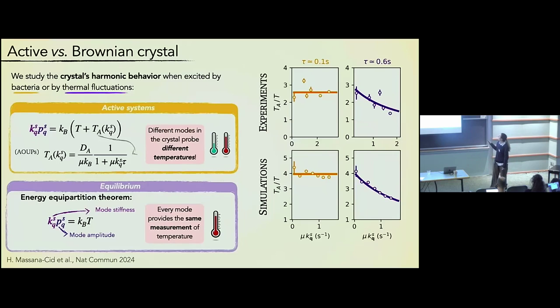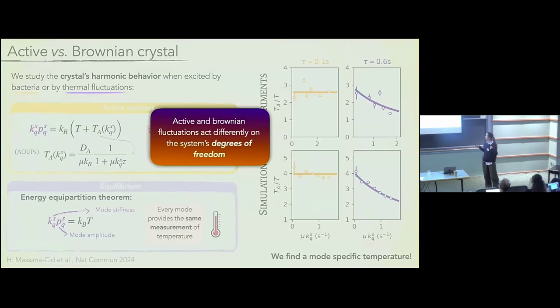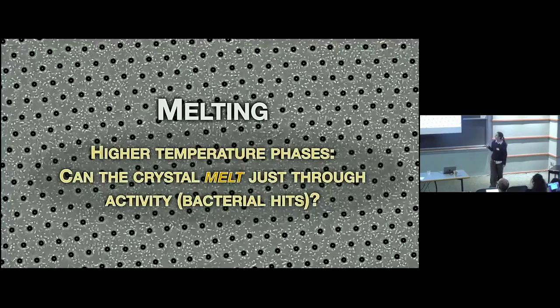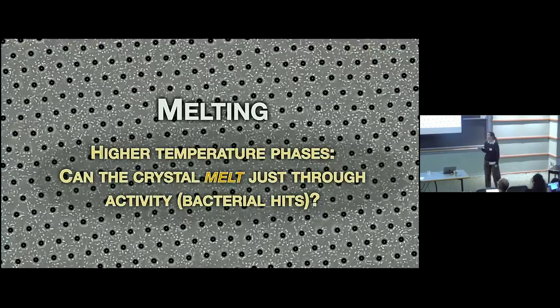However, for persistence times that are important enough, it does depend. So it does have this multiple temperature effect, a mode-specific temperature. You can think of this as active and Brownian fluctuations acting differently on the different system degrees of freedom, which is, in the end, not that surprising, thinking that we're out of equilibrium, but nevertheless very interesting. Okay, back to the second part of the talk.